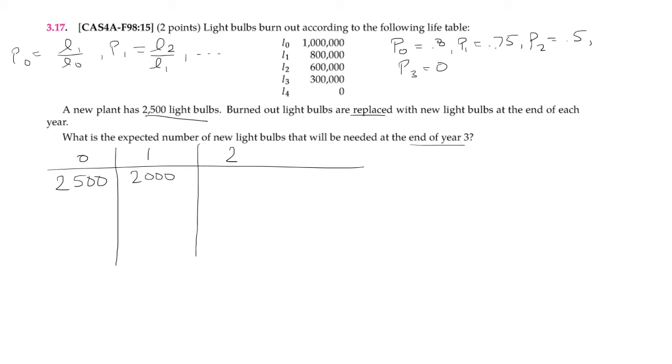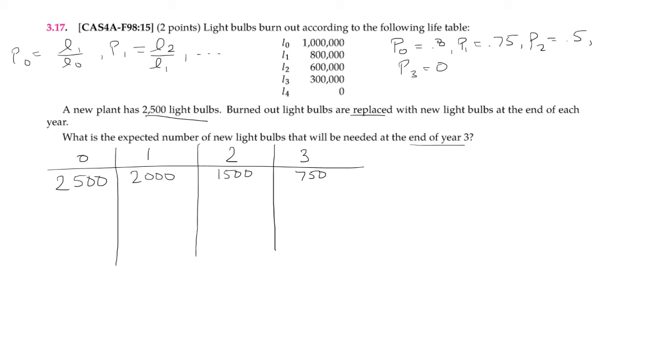The probability that the light bulb will survive is 75%. So we do 2,000 times 0.75, and that's where we get 1,500. And to go from time 2 to time 3, we look at P2, and we know that half of the light bulbs survive.